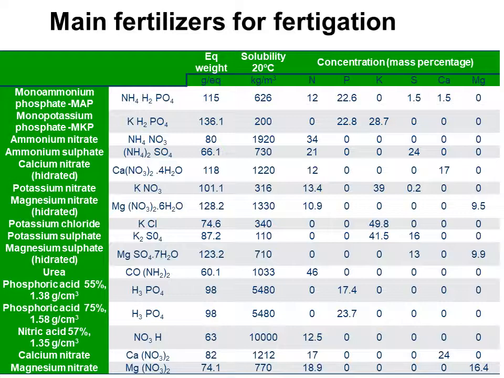Okay, in the list we have also the acids, the phosphoric acid 55% or phosphoric acid 75%. We have also nitric acid, and then the anhydrous forms of calcium nitrate and magnesium nitrate.